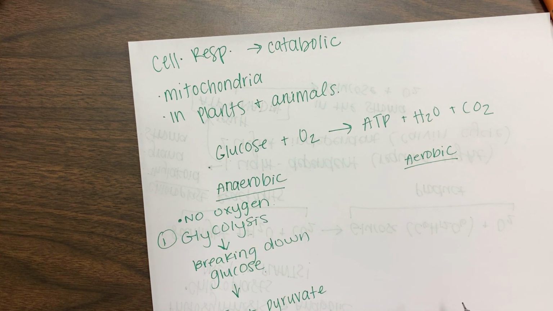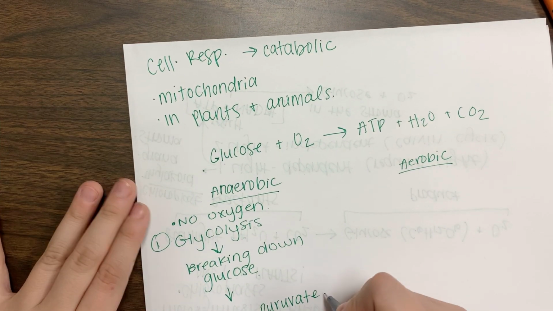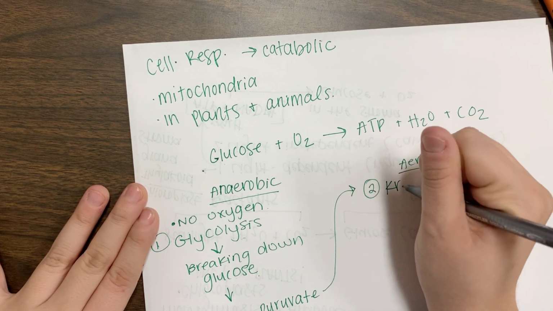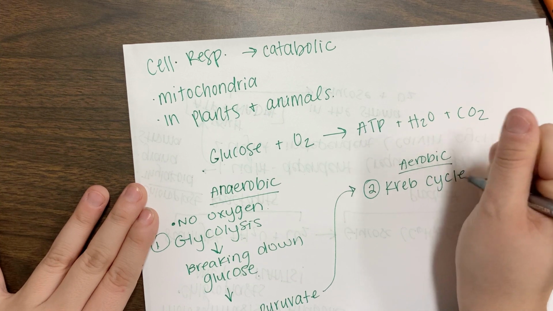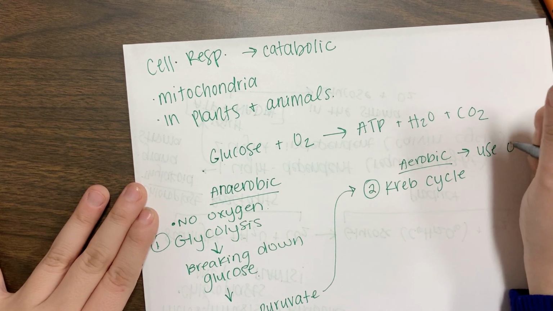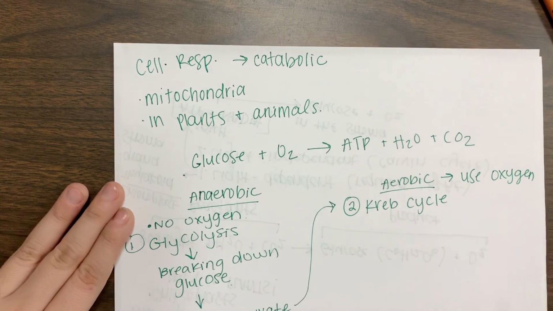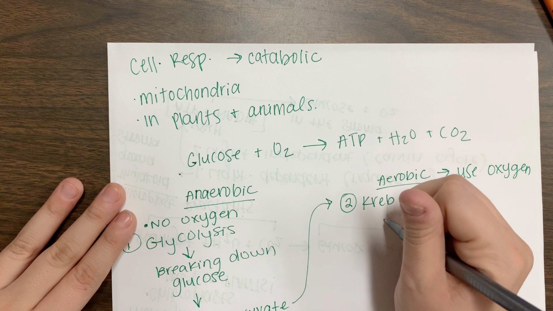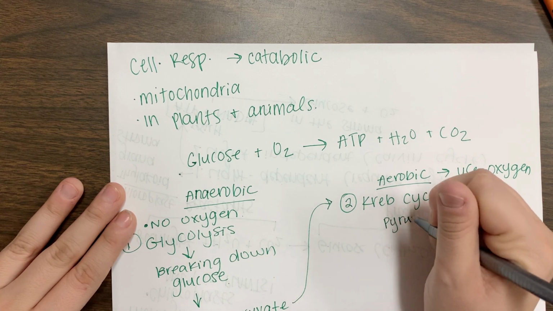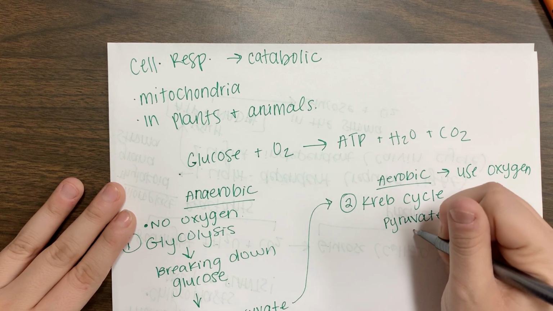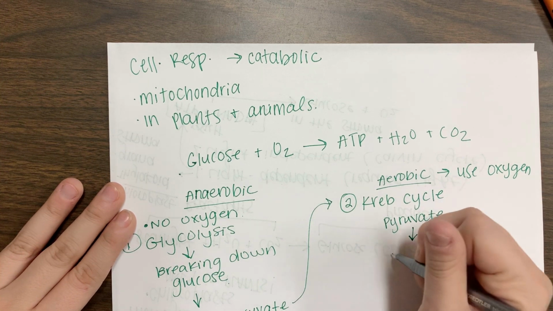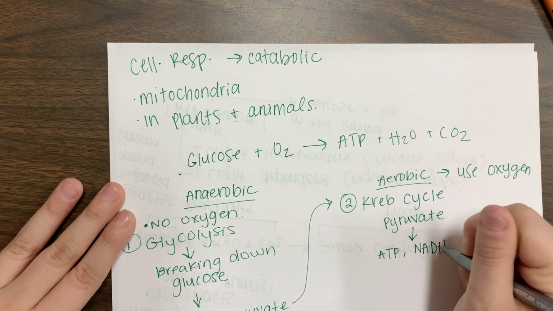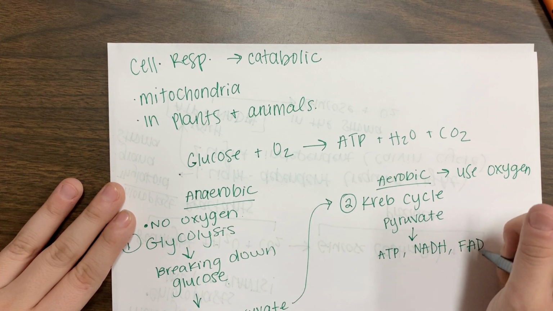So after this, it's going to start an aerobic process, and it's going to go to the Krebs cycle. So this is going to use oxygen. Krebs cycle is going to take this pyruvate that was made in glycolysis, and it's going to break it down into more ATP, NADH, which is just a molecule that we're going to break down in a second, and FADH2.